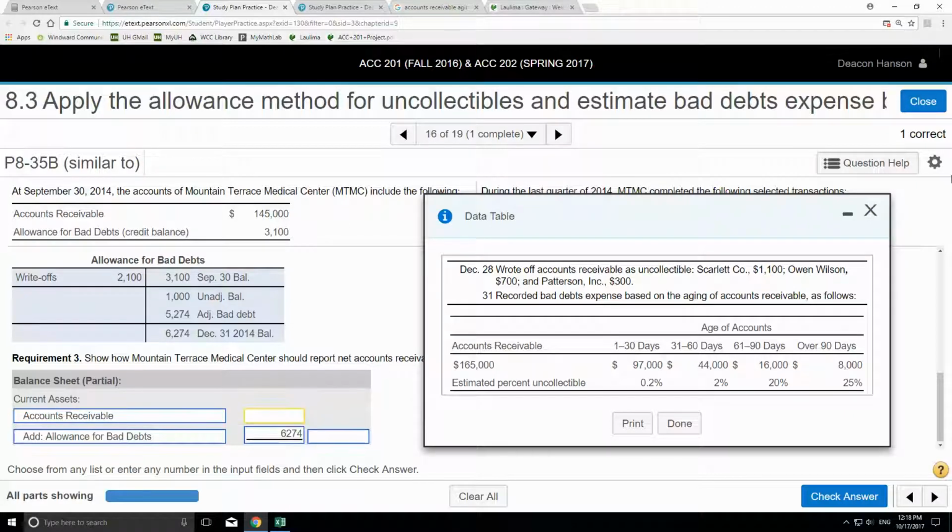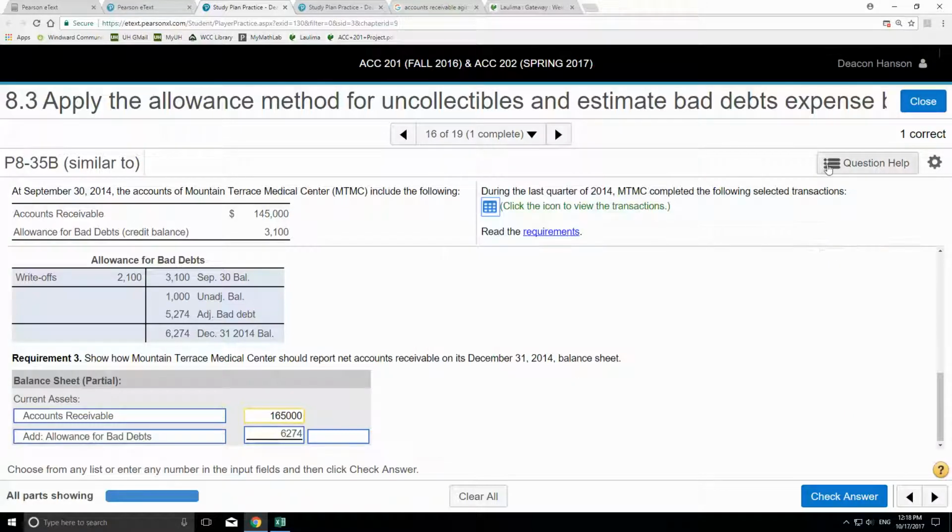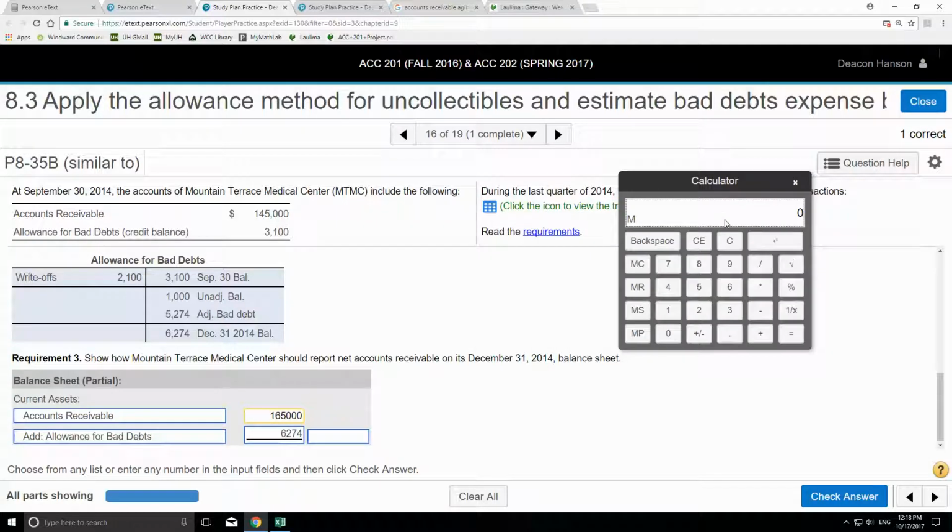So 165. And the difference between the two will be our net receivable. So if you take $165 and subtract 6,274, your net receivable is $158,726.